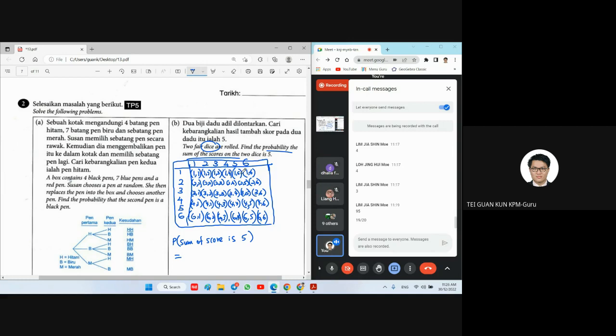Six rows: 1, 2, 3, 4, 5, 6 each. So 6, 1, 2, 3, 4, 5. Here got 5, 1, 5, 2, 5, 3, 5, 4, 5, 5, 5, 6.